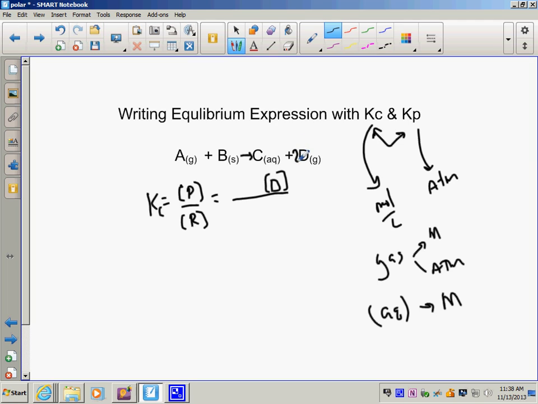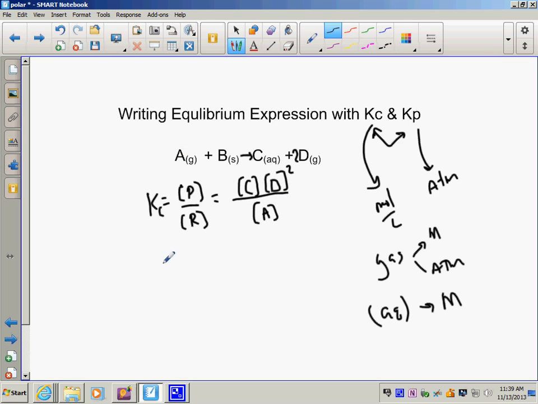If there's a 2 here, I would put a 2 right here. The concentration of this one would be C, with a 1 right there, so I would leave a 1. Solids cannot be measured, so the solid would be out. This is a gas, so I would put the concentration of A to the first, because there's a 1 right here.